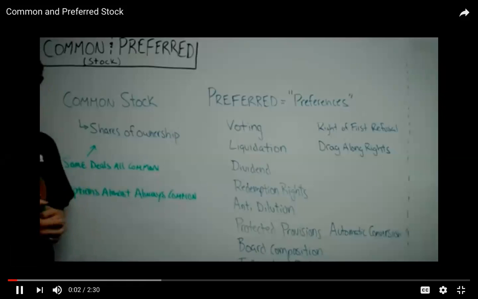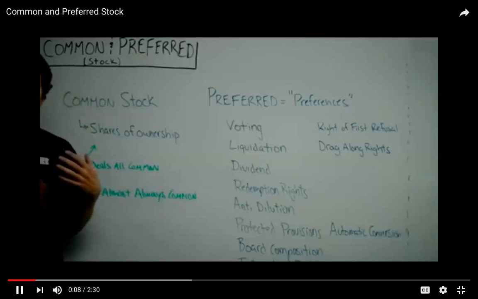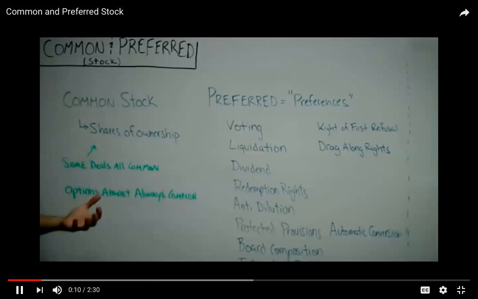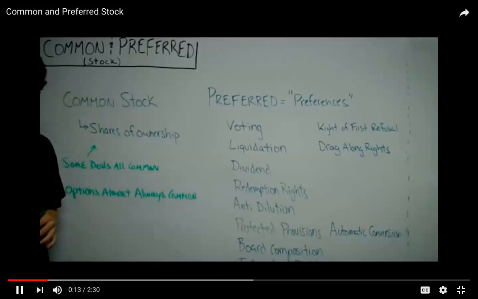Okay, common stock versus preferred stock. Again, the reason I put both of these up here is that in order to understand what each of these is, it's easier to understand what they are in relation to one another. Common stock and preferred stock are different classes of stock. What does that mean? It means that the common stockholders and the preferred stockholders have different rights inside of the company.